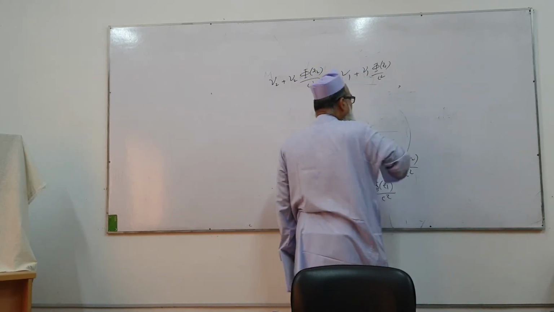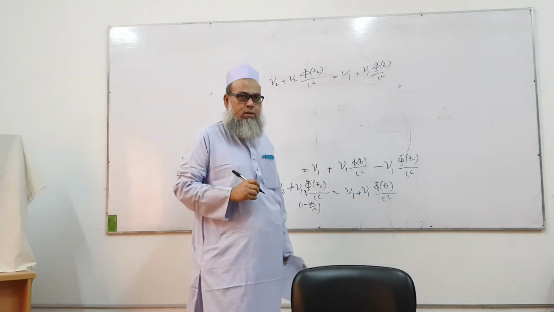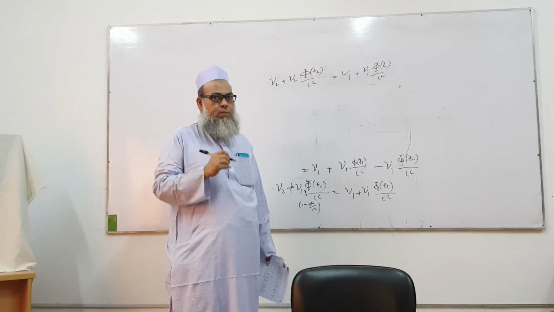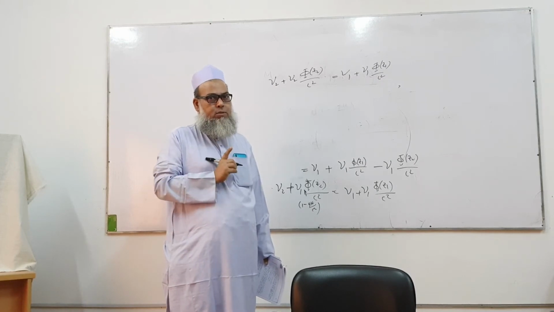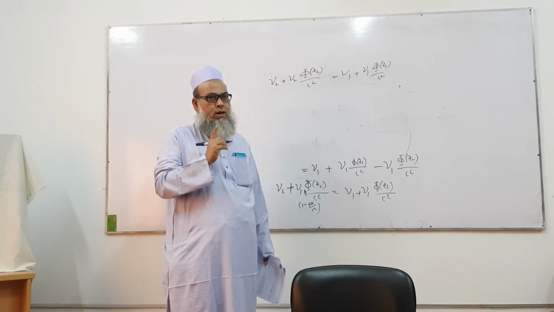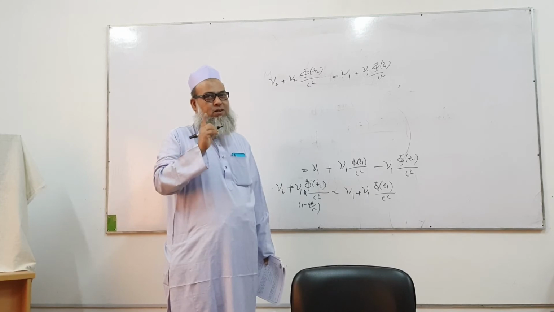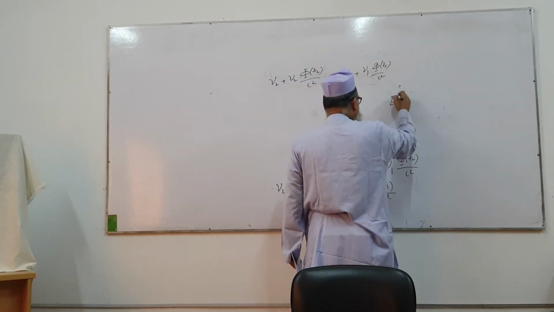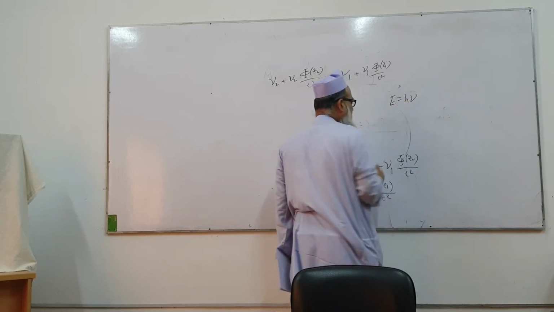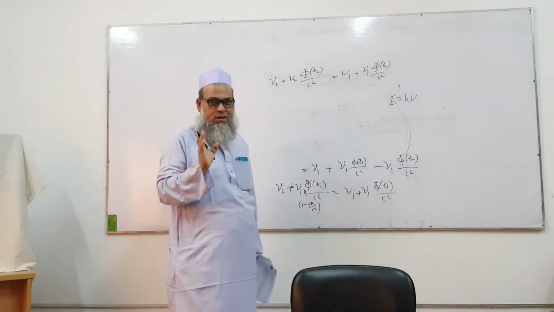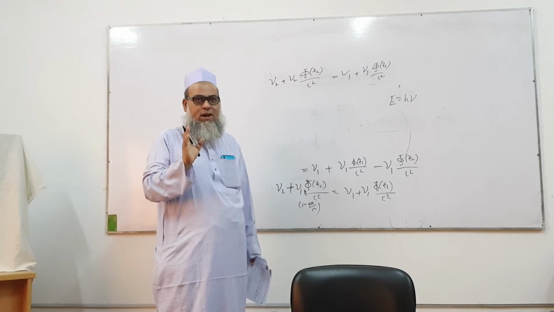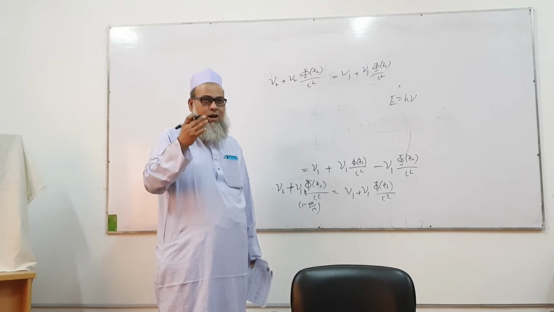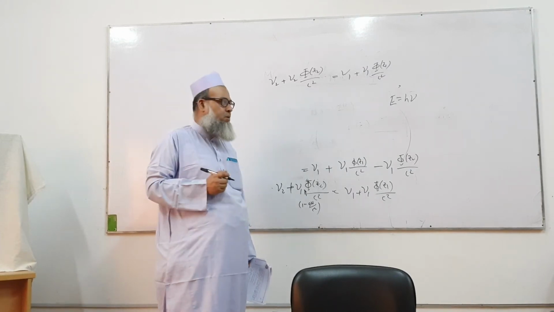Now I use not general relativity. You cannot blame me. I am not using general relativity. I shall use the theory before general relativity, Planck's theory. What is that? E equals h nu. This is not general relativity. This is quantum mechanics, which arrived before general relativity.